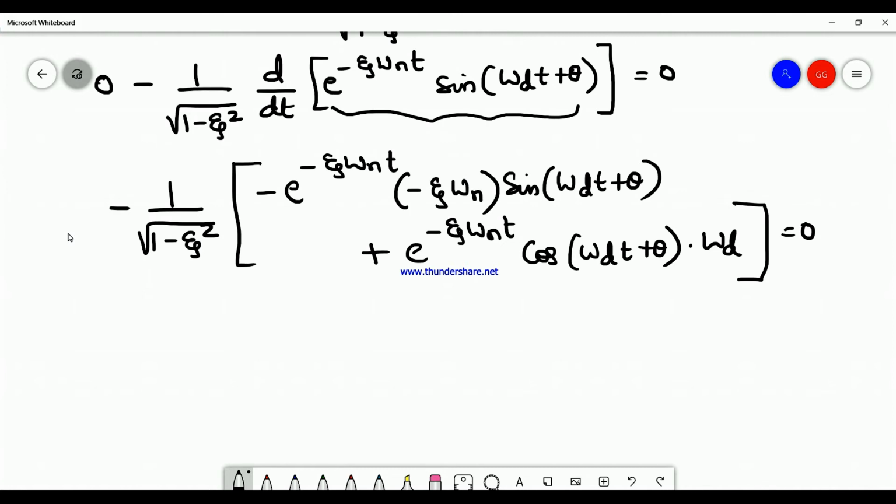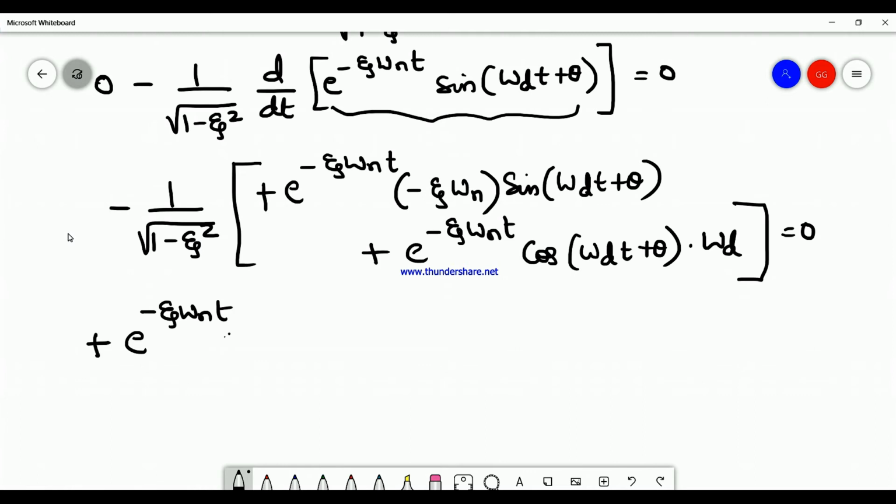So this would be e power minus zeta omega nt. Sorry, this negative is actually positive because you are differentiating e power minus zeta omega nt, so you don't get negative here. Now you would see that minus e power minus zeta omega nt into, so this minus, when it gets multiplied with this minus, this becomes plus.